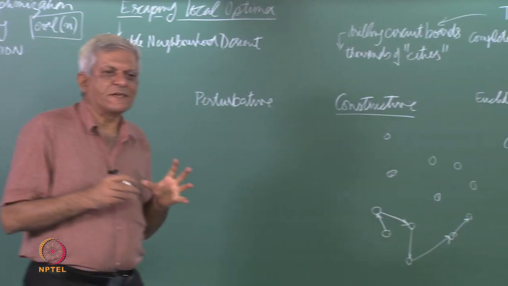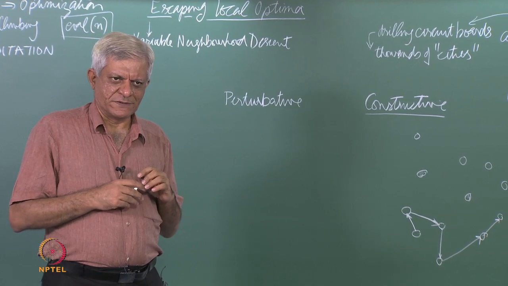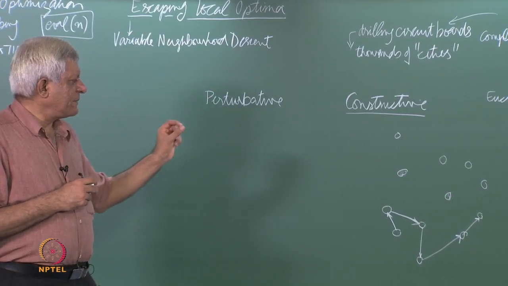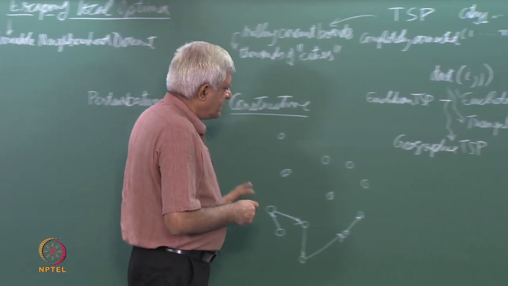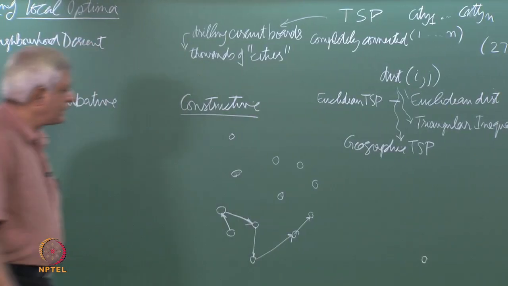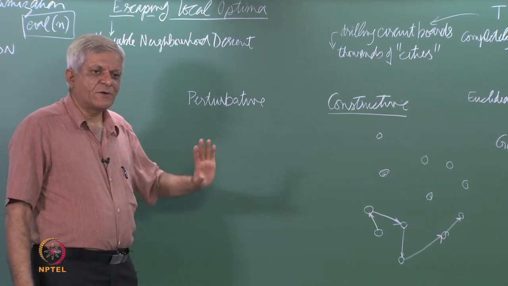Now, obviously, in some situations it will give you a very good solution, if not the optimal solution. But you can imagine what will happen with situations where I have a city somewhere here. What will my algorithm do? Ideally, what should it do?